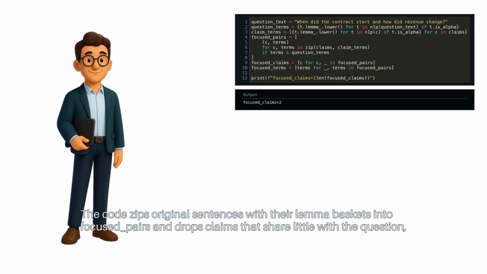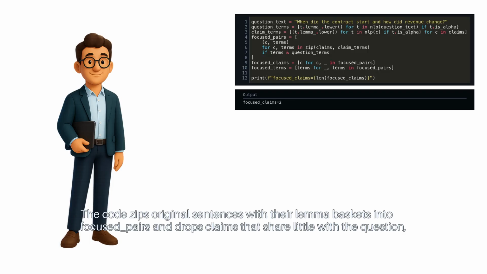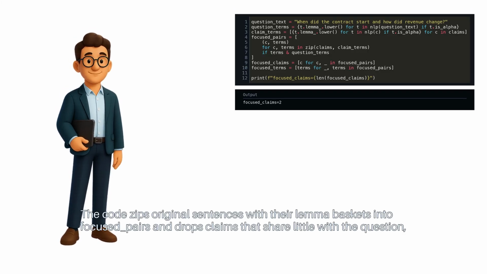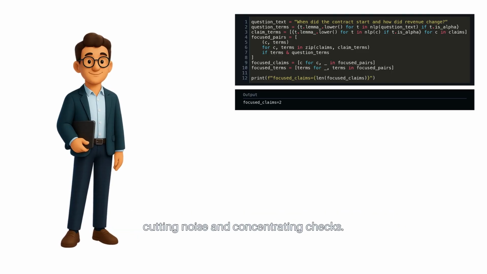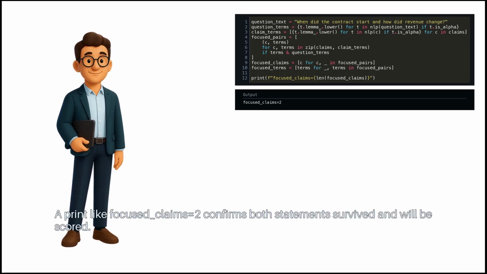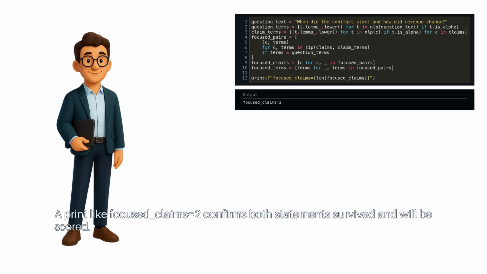The code zips original sentences with their lemma baskets into focused pairs and drops claims that share little with the question, cutting noise and concentrating checks. A print like focused claims equals 2 confirms both statements survived and will be scored.